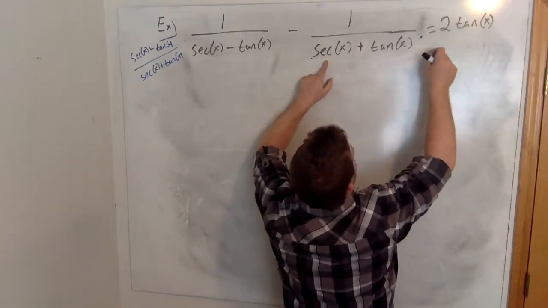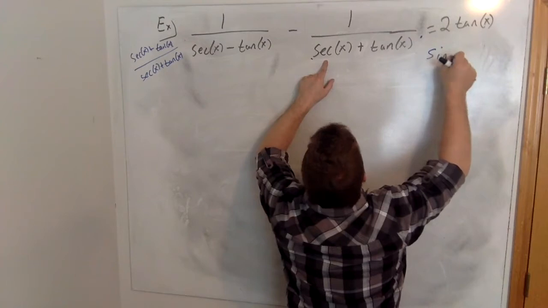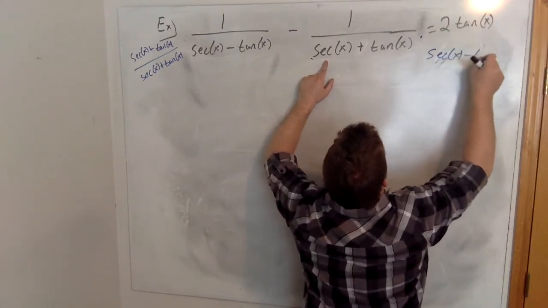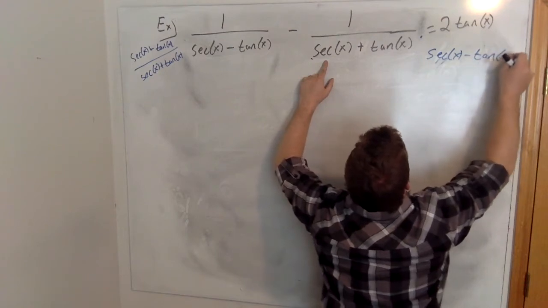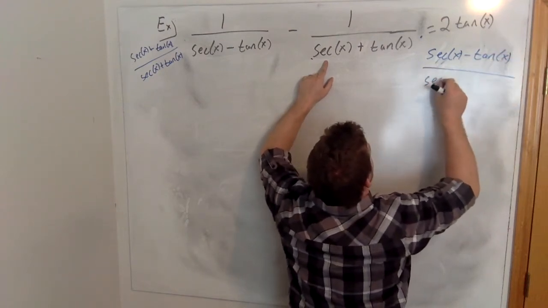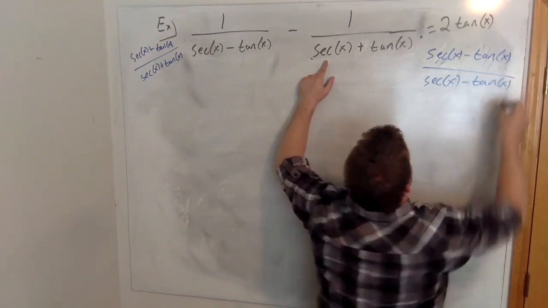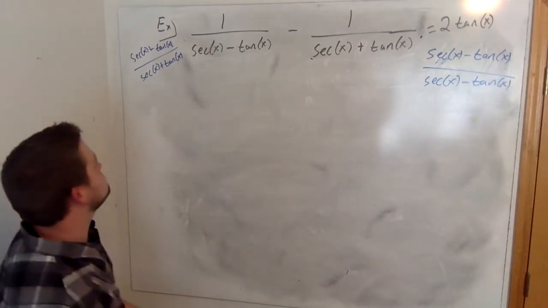Well, we could have hit this one with a secant of x minus a tangent of x all over a secant of x minus a tangent of x. Okay, what would happen?